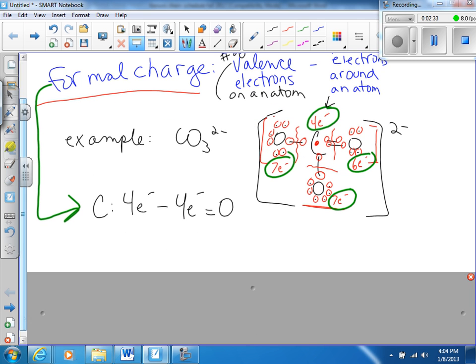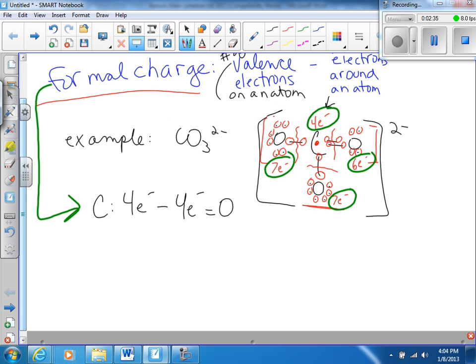Now, let's look at the oxygens. We have 2 different kinds of oxygens here. We have the ones with the single bond and the one with the double bond. So we're going to look at the oxygens that have 7 electrons.